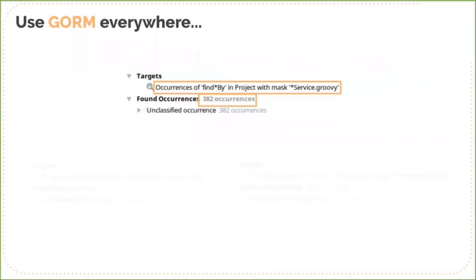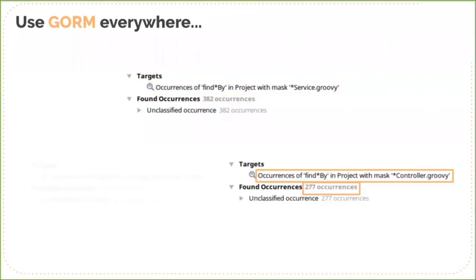And it is even worse because here I'm looking for findBy and findAllBy in controllers. And it means that in controllers, you are querying your database to get some data, and you shouldn't do that in a controller. You should do that in services, because this means that you are executing some kind of business logic.